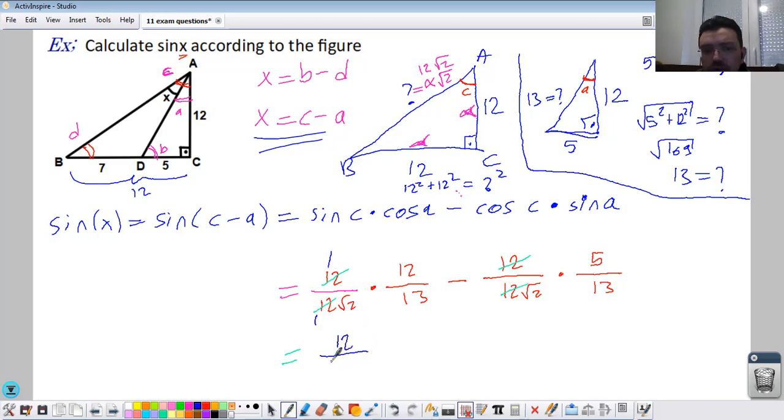Square root 2 times 13, 13 square root 2. Minus the second part, once you simplify, they remain as 1 over there. 1 times 5 is 5. And you also have 13 square root 2 in here. Since you have the same denominators, 12 minus 5 makes 7 over 13 square root 2, which should be the final answer.